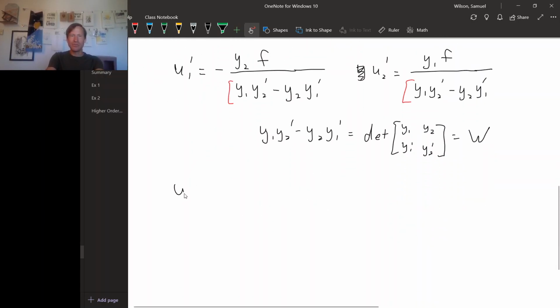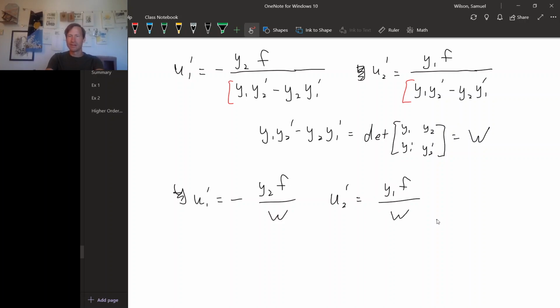So u sub 1 prime is actually minus y sub 2 f over the Wronskian, and u sub 2 prime equals y sub 1 times f over the Wronskian. Okay, so we were able to find u1 prime and u2 prime. So at this point, we would integrate to find u1 and u2. So both of these would just be the integral of their respective formulas.